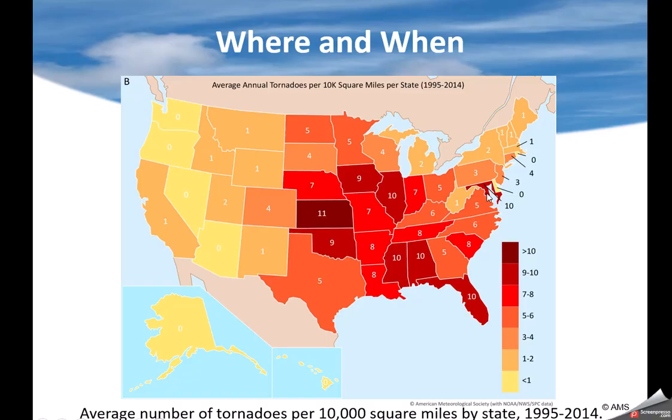But notice over here in Maryland, they average 10. So significant differences around the United States. Midwest, southern states get a lot more typically than the East and Northeast, very little up in the Northeast actually. And out in the deserts, not much either.